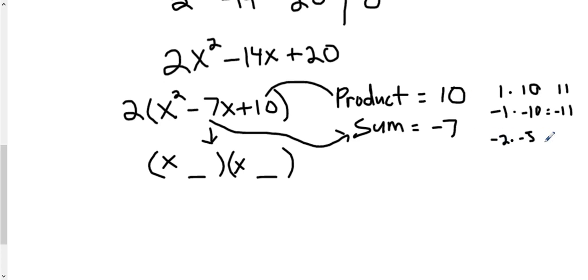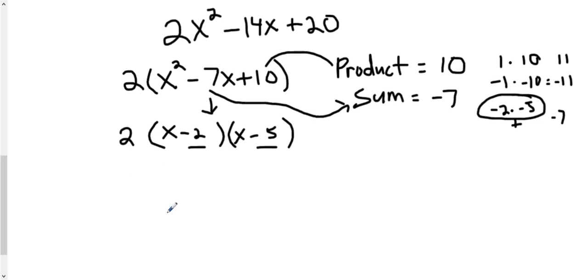But when we add these two together, the sum is negative 7, the sum we want. So we know that the two numbers we're going to put in these parentheses as factors are minus 2 and minus 5. And again, that 2 was out in front; that 2 we factored out before.